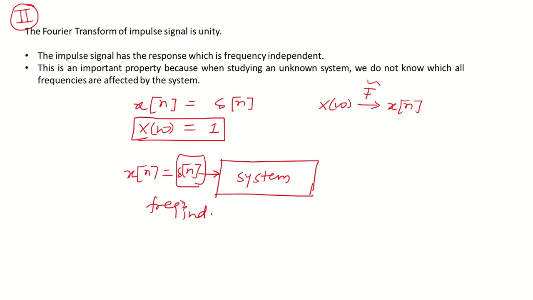It is not depending upon the frequencies. So if we apply this input to any system, since it is frequency independent, it will not change the characteristics of the system, and we will get the exact output, or rather we should say that the characteristics will be exactly known to us.